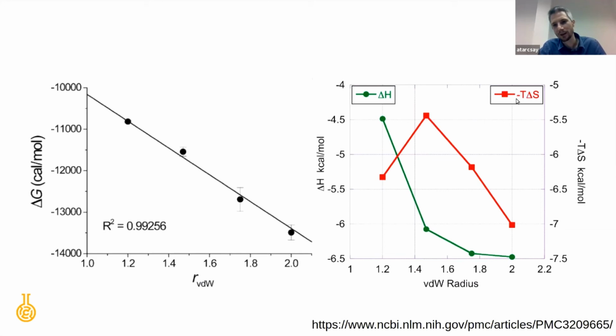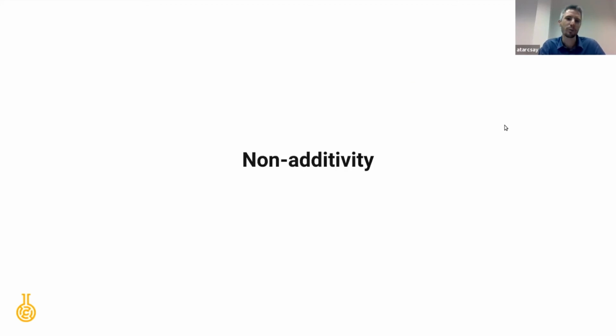But if you look at the delta H, the enthalpy and entropy terms, you will see that under the hood it's more complex, since it's not just that delta H will decrease nicely, but due to the structuring, due to the limited mobility of the ligand when it's more perfectly bound to the binding pocket, the first change will be entropically disfavored. And the last topic, as an introduction, is non-additivity.